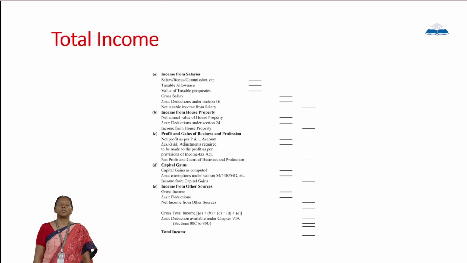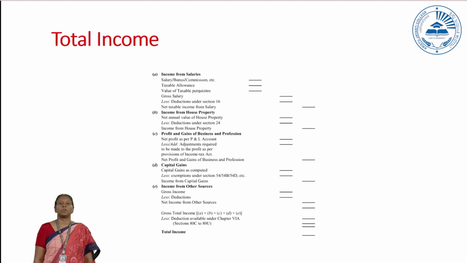The first head of income is income from salary. It is applicable for all salaried assessees or employees, for whatever salary they get. For example, there we need to calculate sections 17.1, 17.2 and 17.3. Section 17.1 contains the basic salary of an assessee, 17.2 has the perquisites, and 17.3 has the allowances.